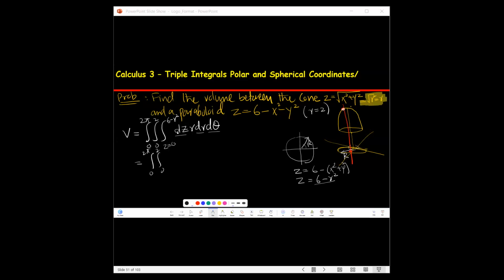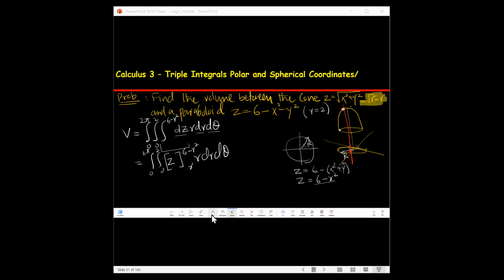If I take the integral for this middle portion, it's going to be z with limit 6 minus r squared and r, and it's going to be r dr d theta. By the way, it is going to be starting from here, this r. So I should be saying this is z equals to r, not z equals to 0, because remember the paraboloid is ending here.